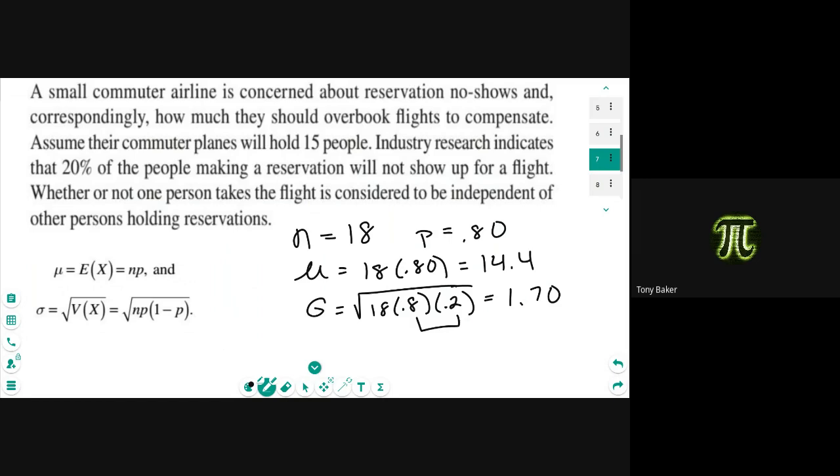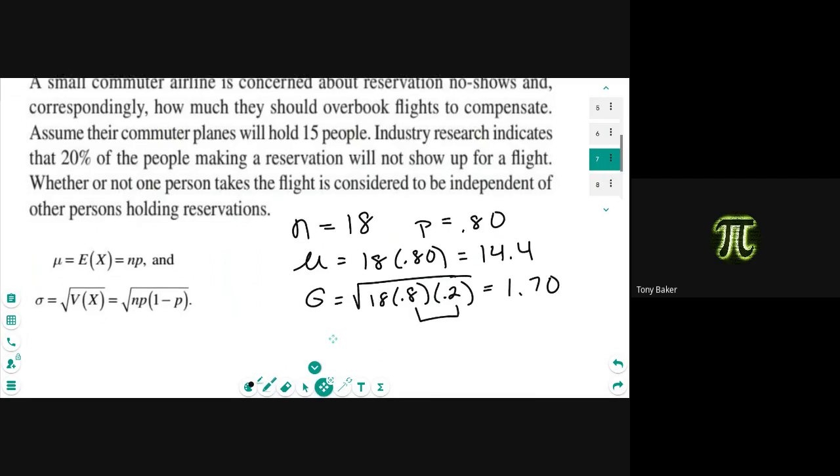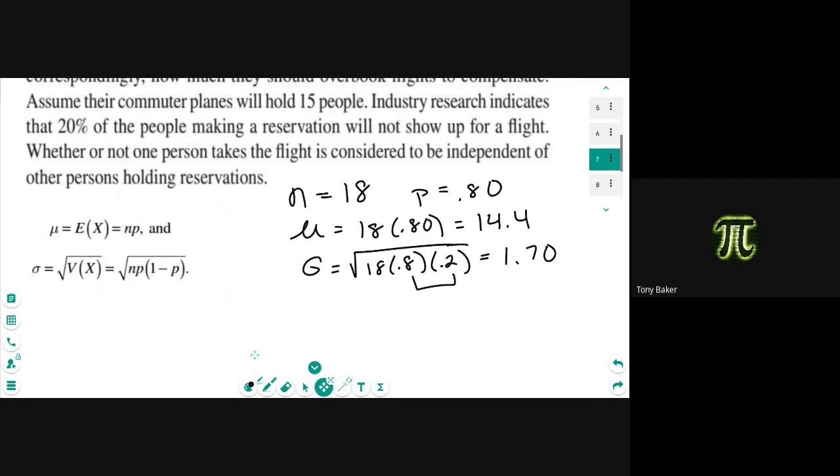So now that we have those two, if my X is 15, we want to know what's the probability that I'm going to have to bump somebody from the plane. So I would want greater than 15, correct?